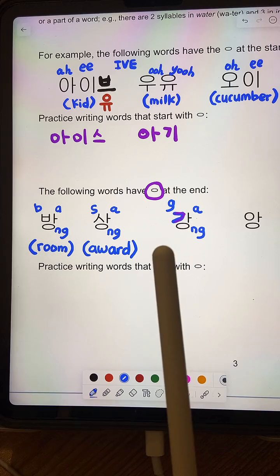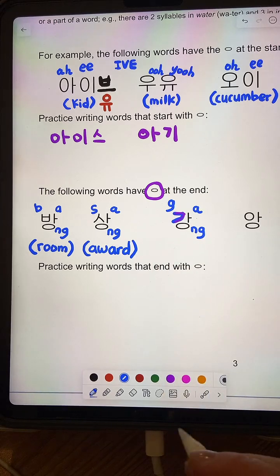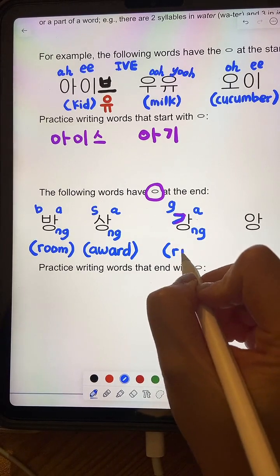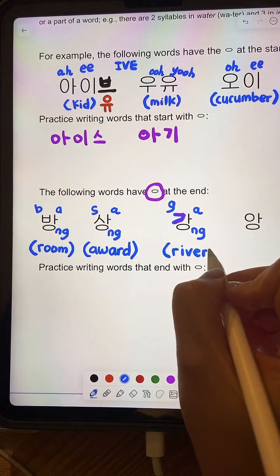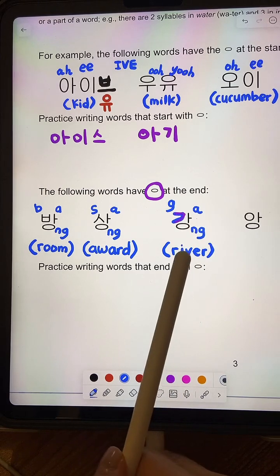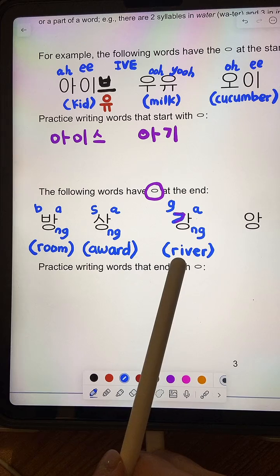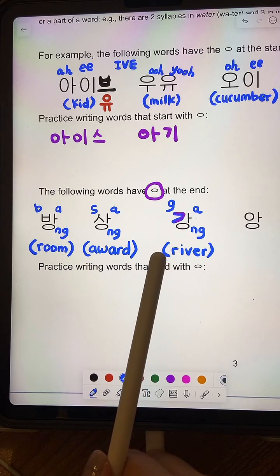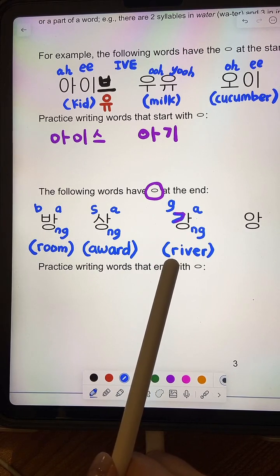Right, kang. Don't get stuck on like gang. It's not eng, it's kang. And you know what kang means? Kang means river. If you've been to Korea, you went to Seoul, you probably saw the Han River, Hangang. Hangang is also the name of the Korean author who won the Nobel Prize in Literature earlier this year.